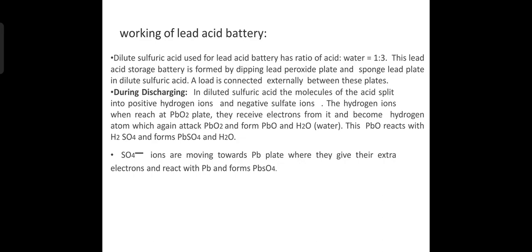This PbO reacts with H2SO4 and forms PbSO4 and H2O. The SO4 ions move towards the Pb plate, where they give up their extra electrons and react with Pb to form PbSO4.